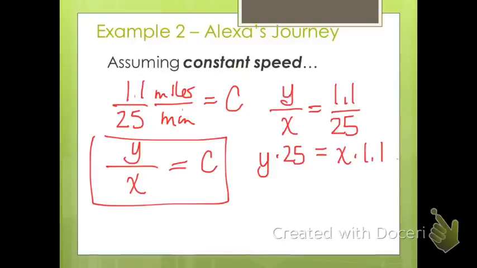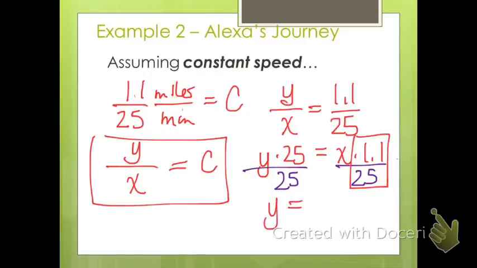Then I will divide by 25 and get that y is equal to this fraction right here times x: 1.1 over 25 times x.